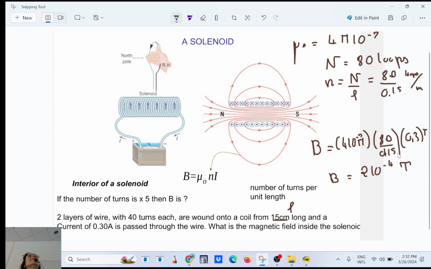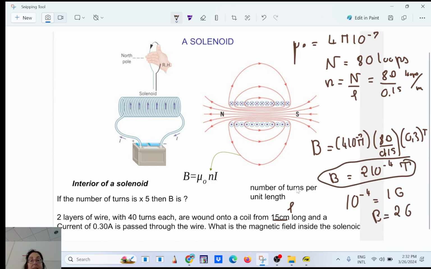Did you get that? Yes, you sure? Okay, so 10 to the negative 4 is 1 Gauss. So B will be equal to 2 Gauss. And you see, it does not depend on the size here. It doesn't depend on the size.